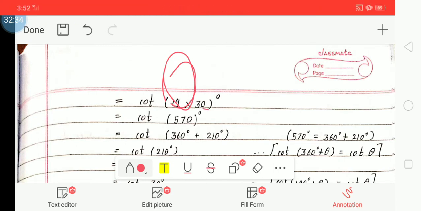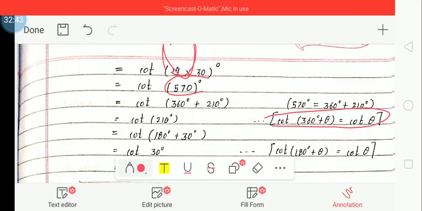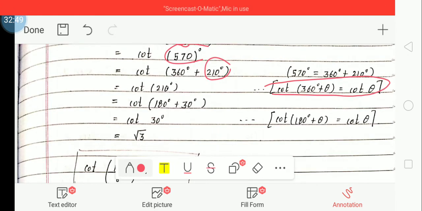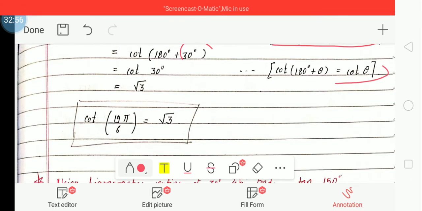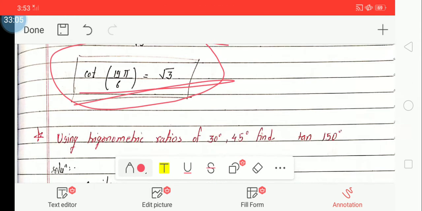Now this 570 we separate as 360 plus 210. So we use this one, cot of 360 plus theta is equal to cot theta, so cot 210. Now again cot of 180 plus theta is equal to cot theta, here theta is 30, so cot of 30, and cot of 30 is root 3. So without using a calculator, the value of cot of 19 pi by 6 is equal to root 3.